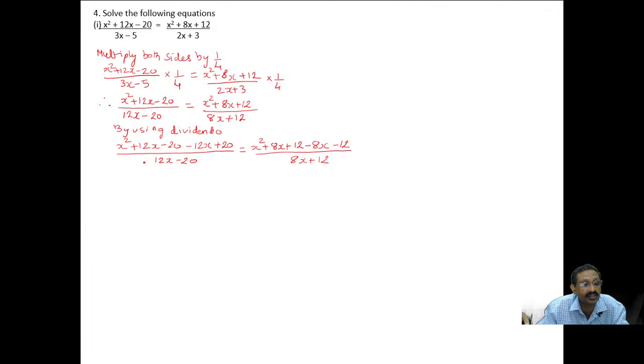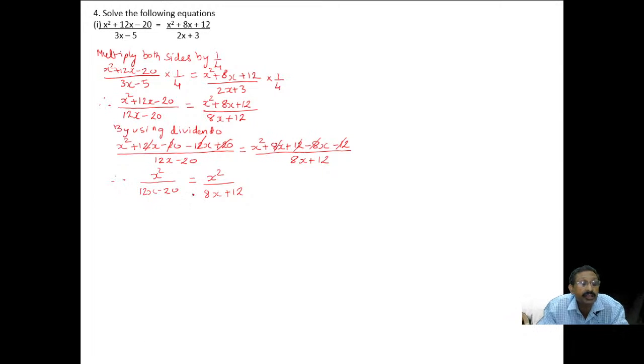Now, is there anything which can be reduced over here? Let us first see that. Can we reduce here? 12x and minus 12x, minus 20 plus 20. Here 8x minus 8x, plus 12 minus 12. So what we get here is x squared upon 12x minus 20, which is equal to x squared upon 8x plus 12.